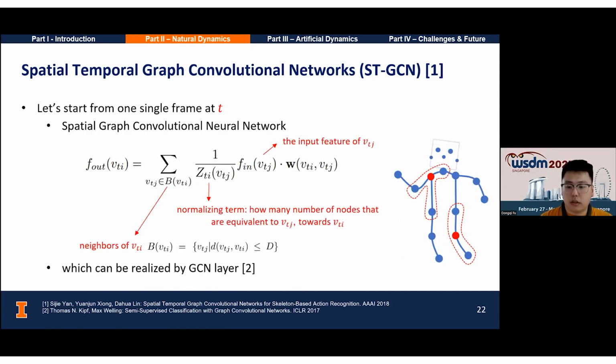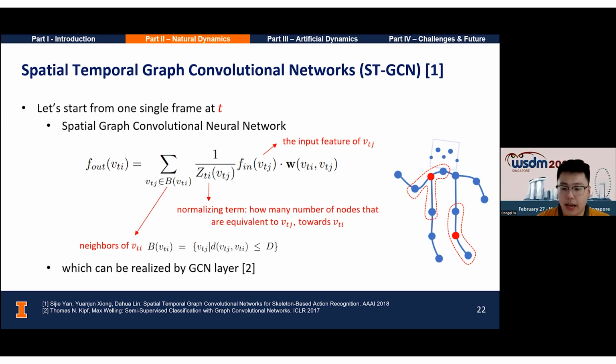For the spatial temporal graph representation learning, let's first start with one single frame, denoted as, let's say, t, and see how the neighbor information is aggregated. In the following equation, if we want to obtain the representation vector f_out for the node v_ti, for node i at time t, we need to look for its neighbors in this single frame t.